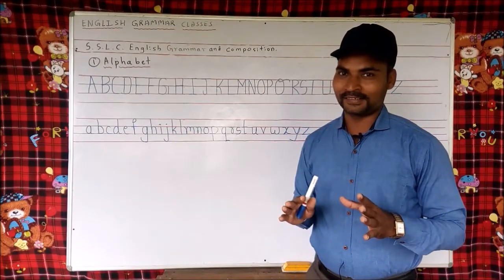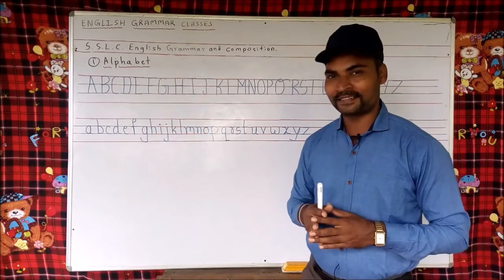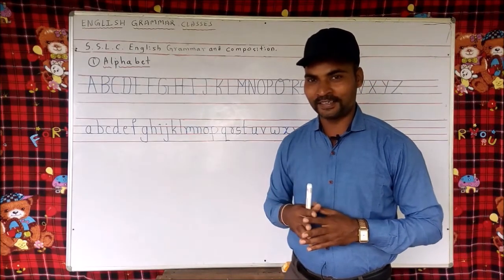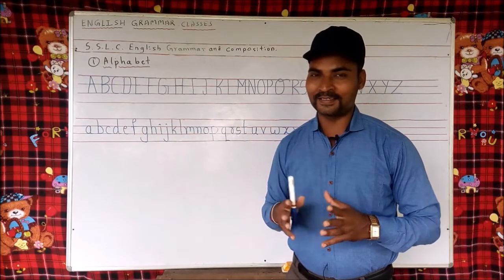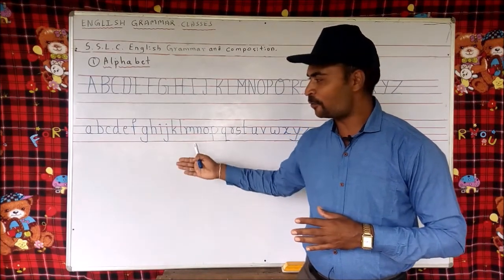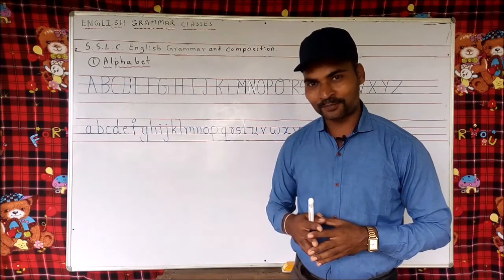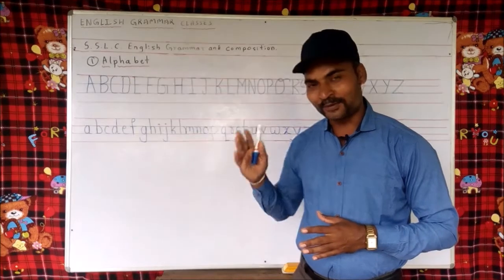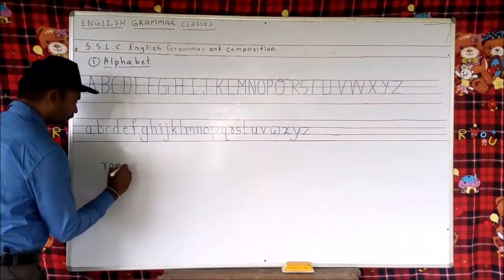If we make little mistakes while writing these letters in our day-to-day English writing, then it doesn't look nice, it doesn't look good. Now I will discuss with you how we go wrong in our day-to-day English writing. Whenever we are writing, we must keep in mind all these dimensions.